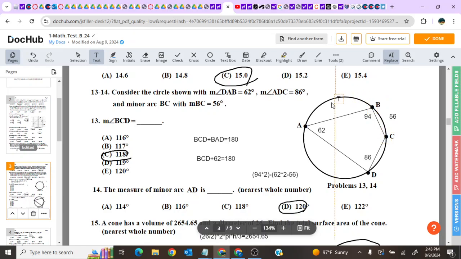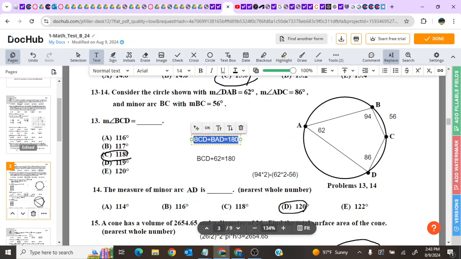As you can see, it covers from this B to this D, all the way around there. As a result, 62 times 2 plus this unknown angle times 2 has to be equal to the 360 degrees in your circle. So that formula is basically shown right here. Plug in your 62 degrees and solve for BCD. And you get 118 degrees.